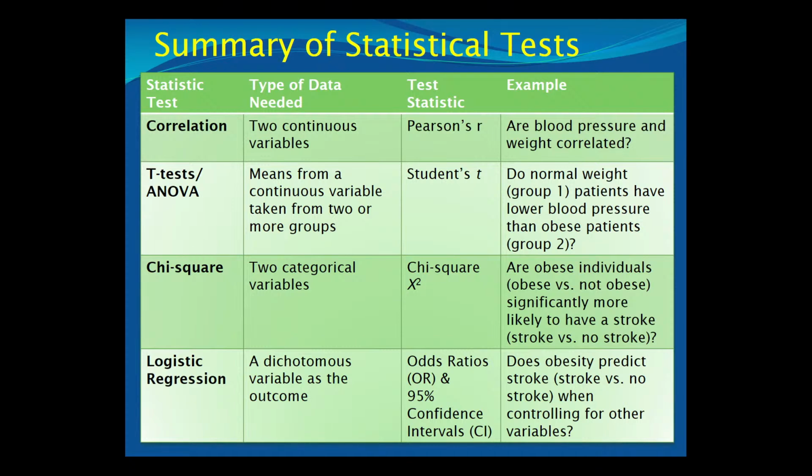Look at this table as an explanation, as a summary of statistical tests. According to the different practical tasks, according to the different practical situations, we should use different statistical methods. We use correlation if we need to examine two continuous variables.